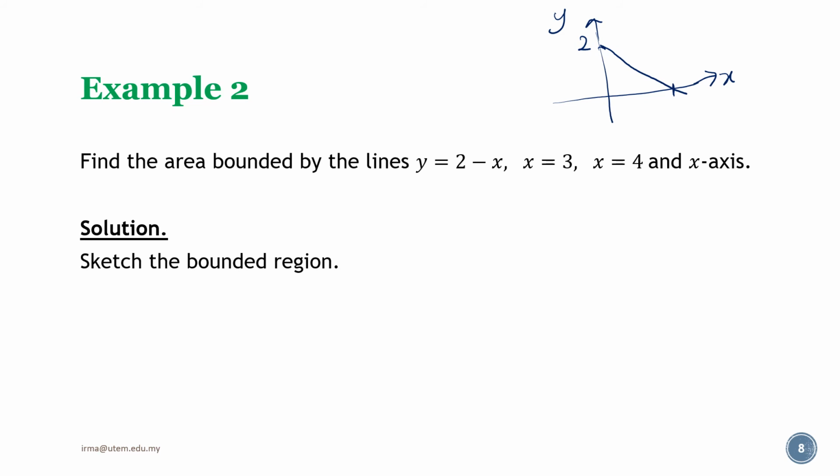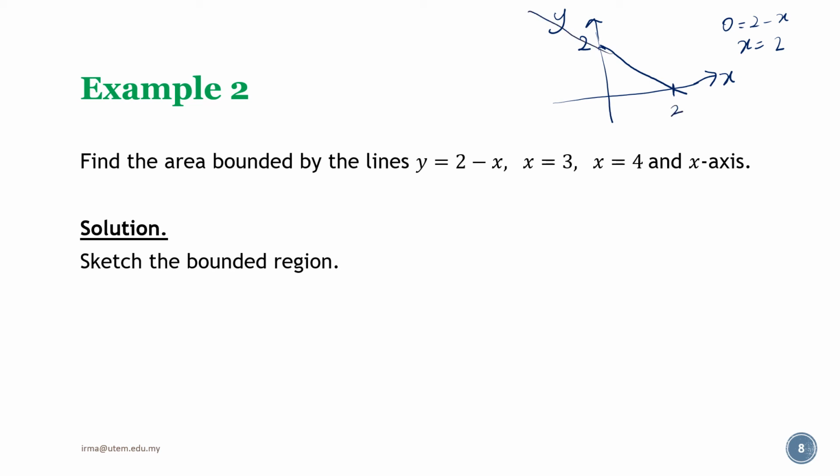Again here, we do not know the x value, but we know the value of y, which is y equal to 0. So we will have 0 equal to 2 minus x. So x is equal to 2.